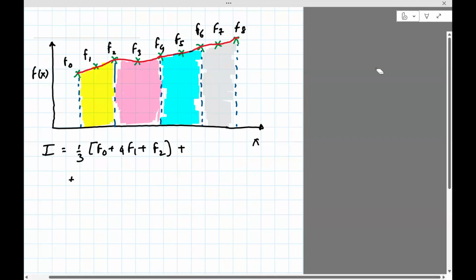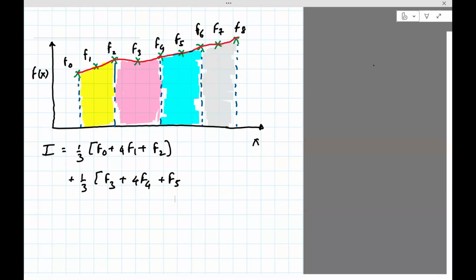Then we have plus 1/3 (f3 plus 4 times f4 plus f5). 0, 1, 2, 3, 4, 5. No, my bad. Sorry.